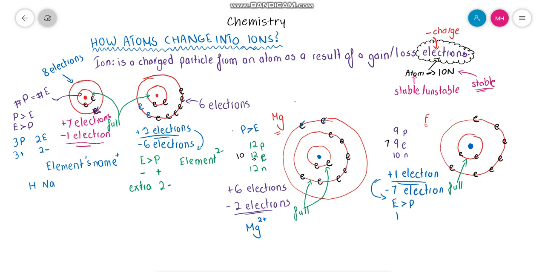How many more? 1. And therefore we'll write fluorine with a minus charge, an extra 1 minus charge, and we'll only write minus. We don't write 1 minus, that's not how we write it. Okay, so an extra electron.